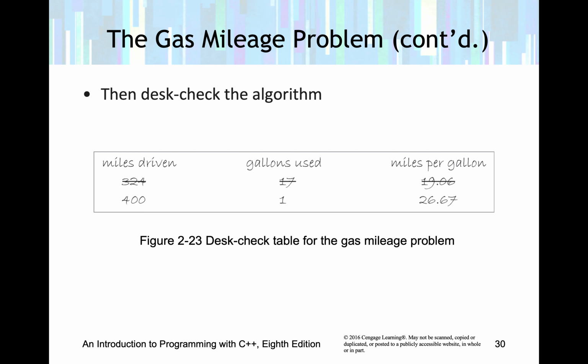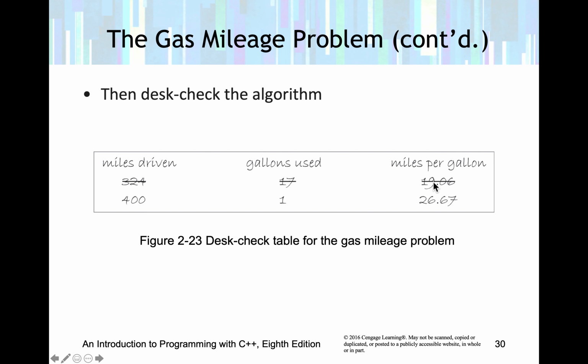Okay, so this is our last step, desk checking. Well, it's not the last step. You actually test your program. Then after you test it, let's say that you type in 324 and 17 and you get some weird number here, like 1.8, then you know you did something incorrectly.